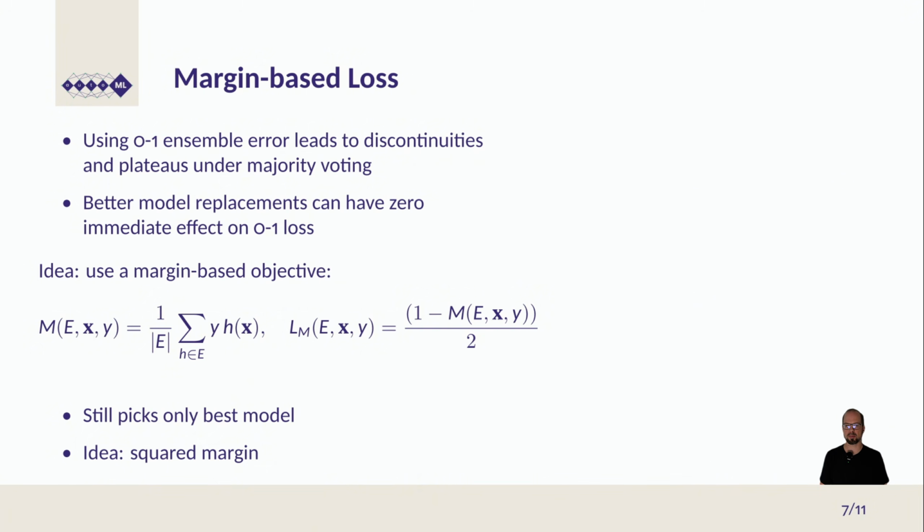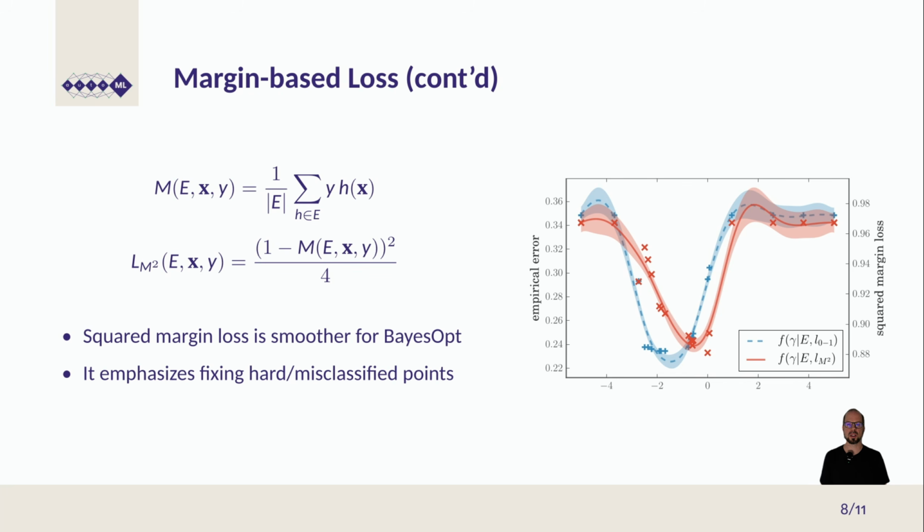And they use the squared margin, which gives more weight if we are close to the margin and far away from the decision of 1 or -1, so if we are rather uncertain. And this overcomes the sharp transition boundaries and leads to a smooth objective that can be optimized faithfully.